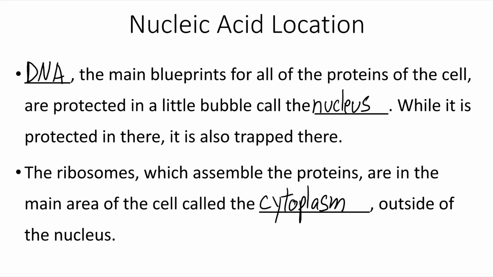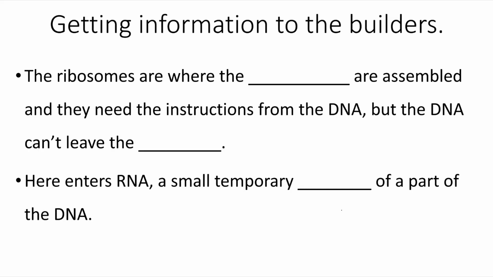And then there's the rest of the cell called the cytoplasm, and that's where the ribosomes are found. The ribosomes are where the proteins are assembled, and they need the instructions from the DNA. But the DNA cannot leave the nucleus.